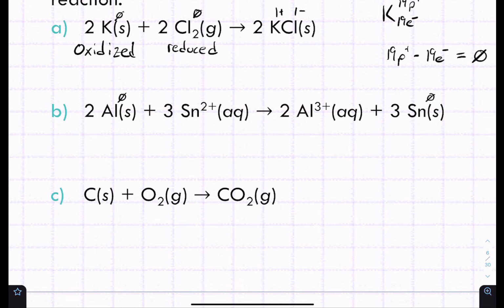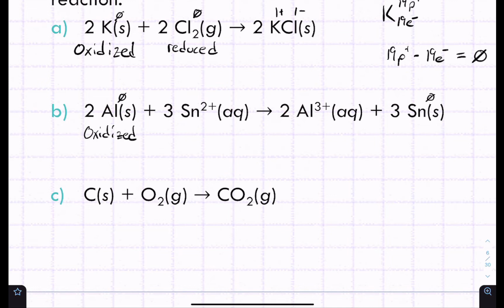So which is being oxidized, aluminum or tin? Aluminum's being oxidized because it goes from 0 charge and gets more positive. That means it's losing 3 electrons. Then what's being reduced?